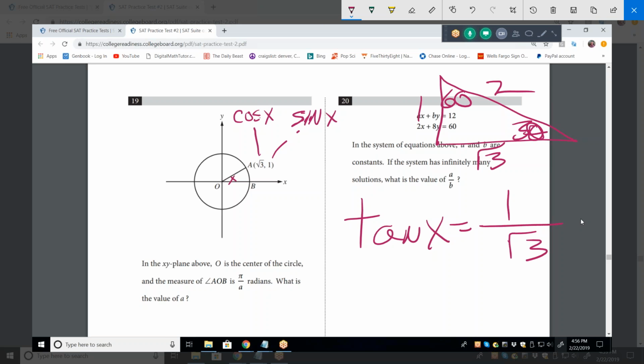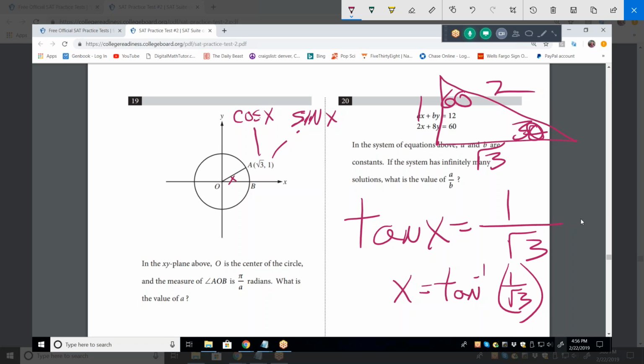Which angle are we looking at? What angle is x? In other words, x is going to be the inverse tangent of 1 over root 3. So you would be looking at the 30-degree angle.